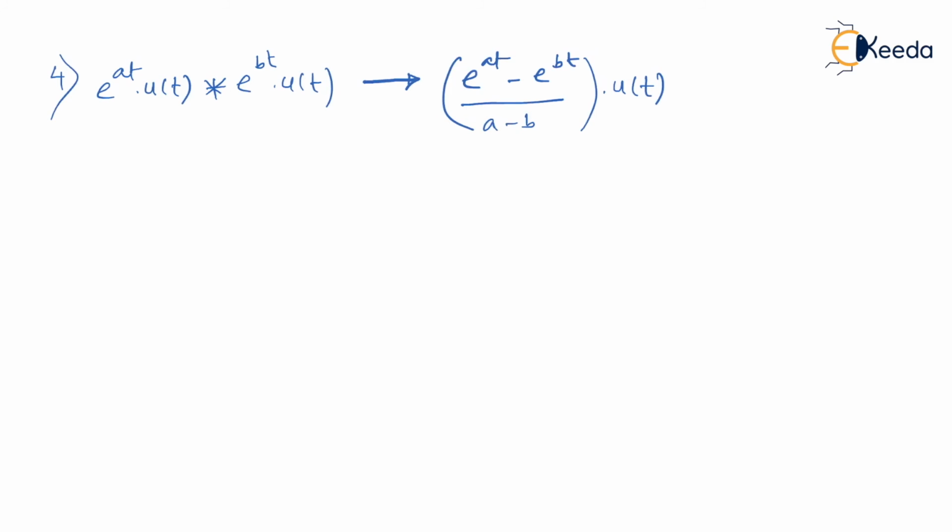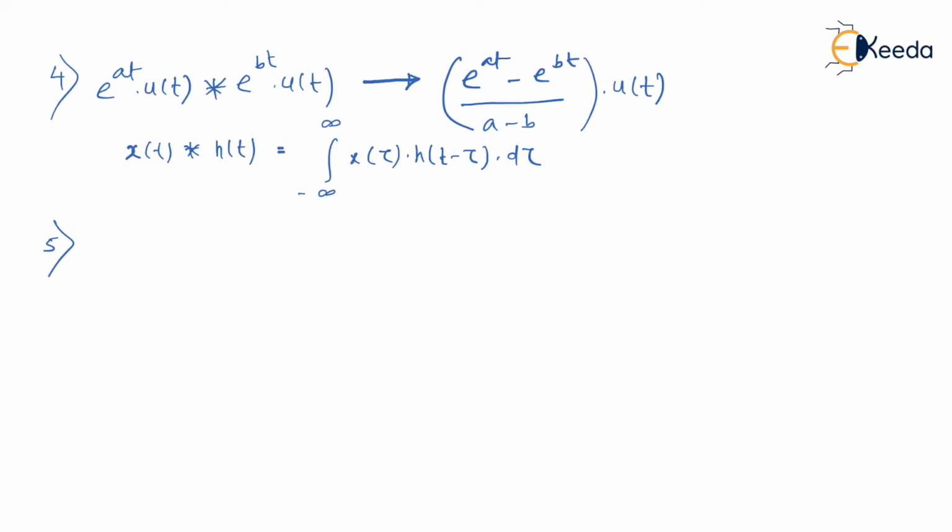So if I don't want to go to the frequency domain and want to stay in the time domain, this is the only approach, and you'll have to remember this. Otherwise, by using the standard formula, when you convolve x of t with h of t, it is an integration from minus infinity to infinity of x of tau h of t minus tau d tau. By using this formula also you can get this result.